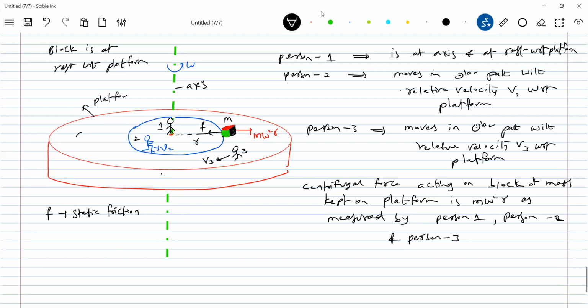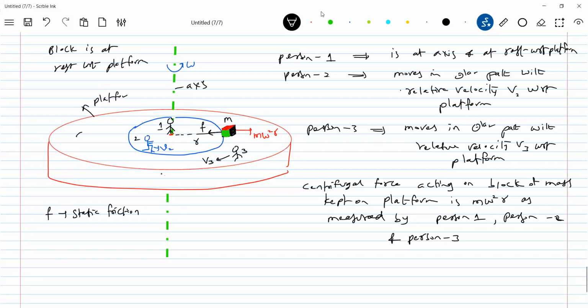I think I should clarify this because I used the word person. This is one basic definition of centrifugal force. Now the pseudo force: what is the pseudo force acting on the block with respect to person 2 if he's accelerating?